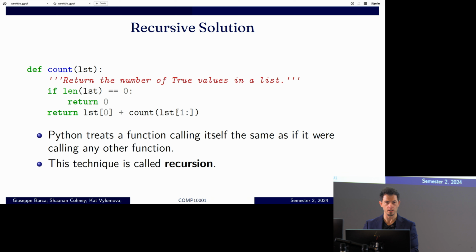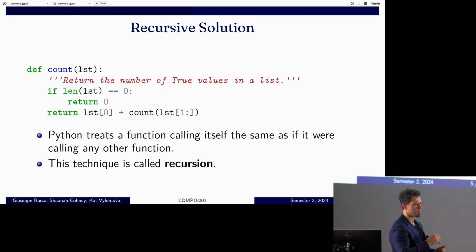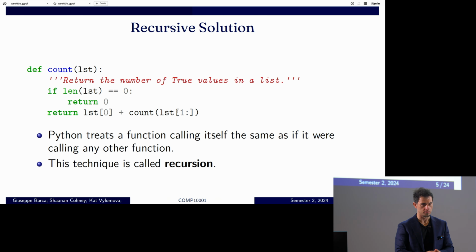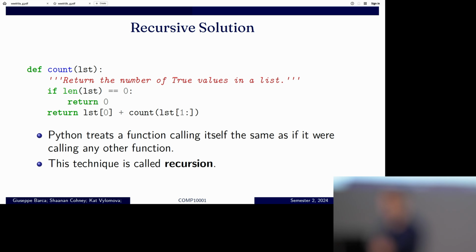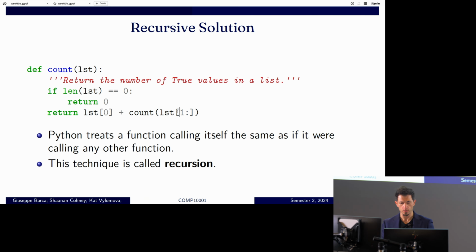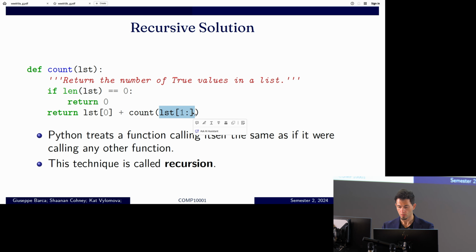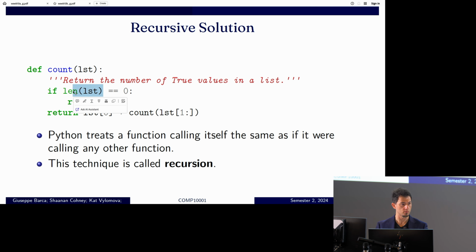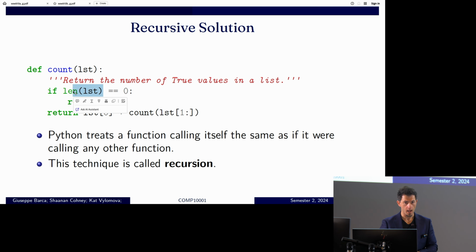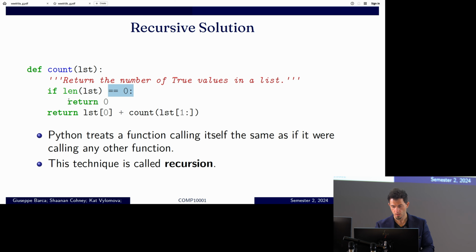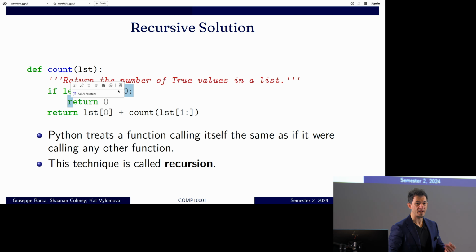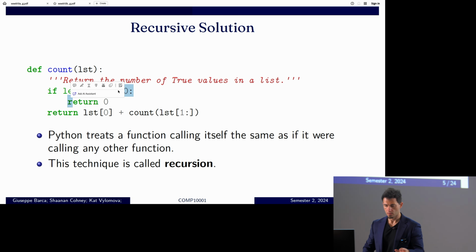And we are providing the list, which starts with the third element, again to count. And then we are going back in, and again, and again, and again, until we reach the point where we are calling count on a list that has length 0. And that's the return. That is called the base case. Okay?